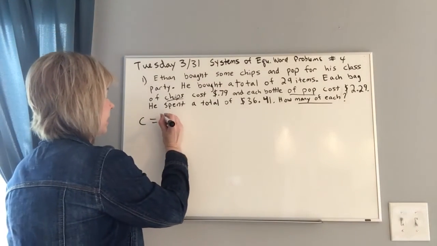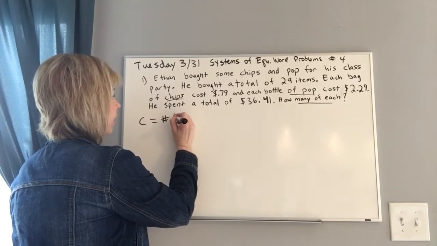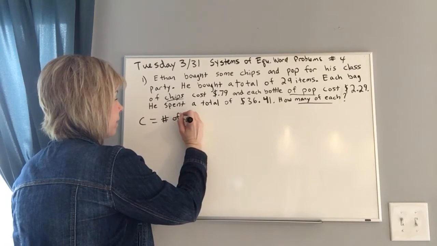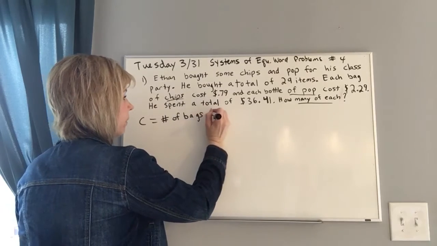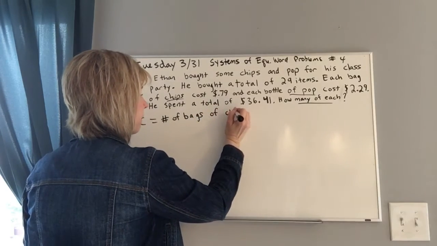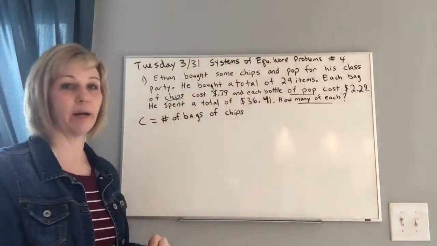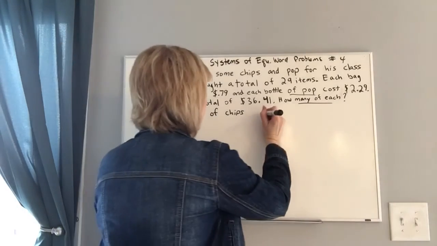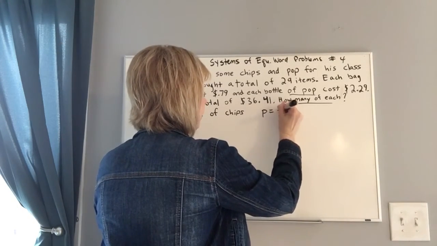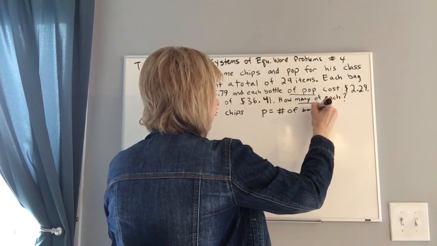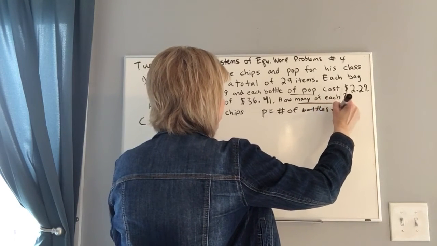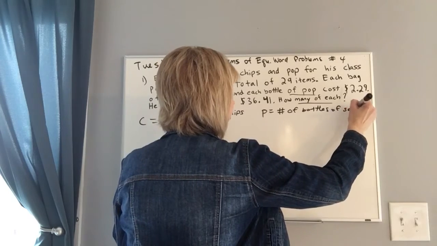So C is the number of bags of chips, and let's go P equals the number of bottles of soda pop. I'll put soda pop for us Vermonters.